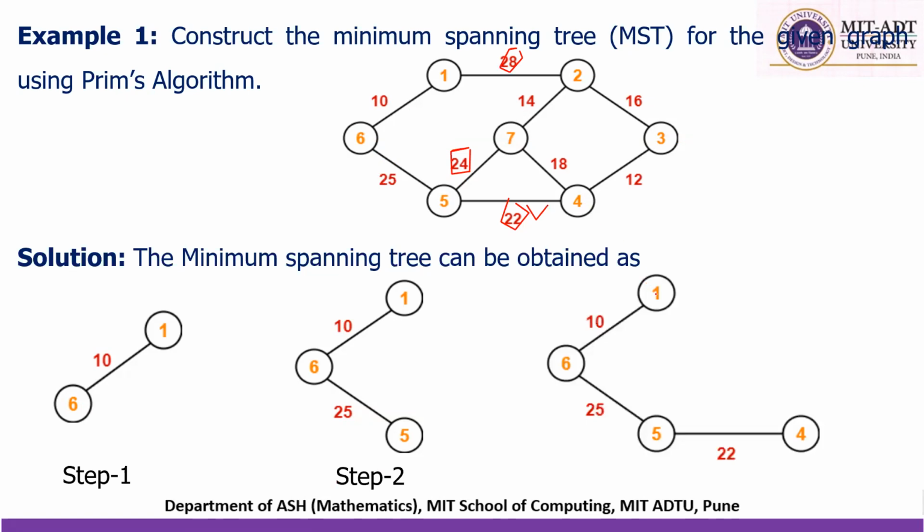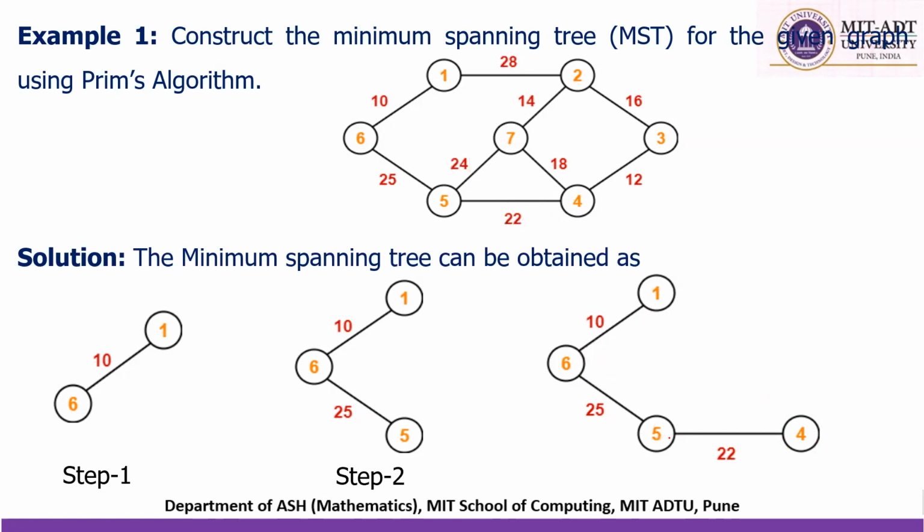So now we have 1, 6, 5 and 4. Now after that, let us see how many other vertices these vertices 1, 6, 5, 4 are connected to by an edge.